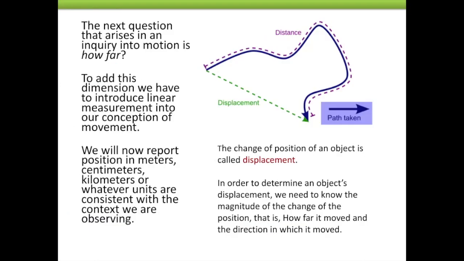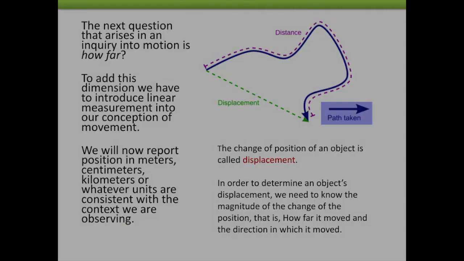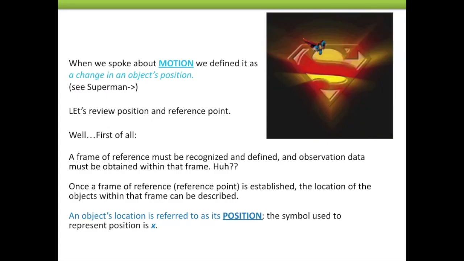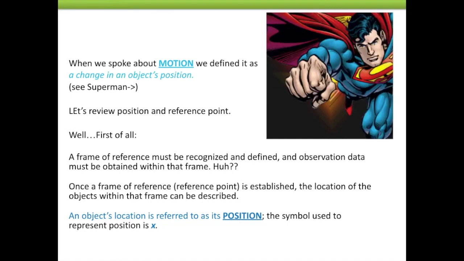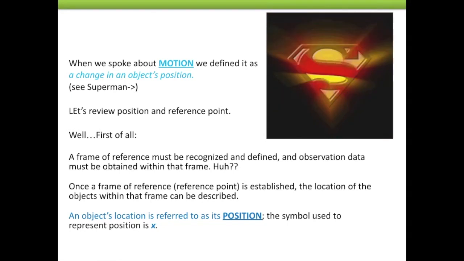Okay, so welcome back. When we spoke about motion, we defined it as a change in an object's position. So look at Superman. We can see his position changing by looking at the reference point of the symbol.